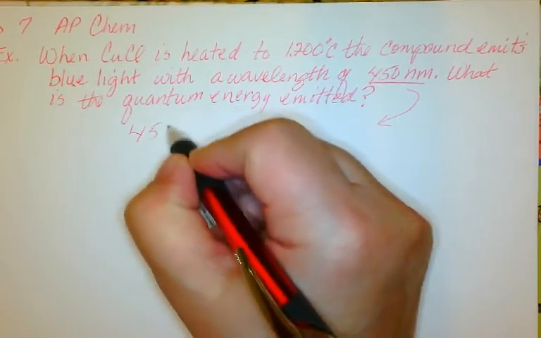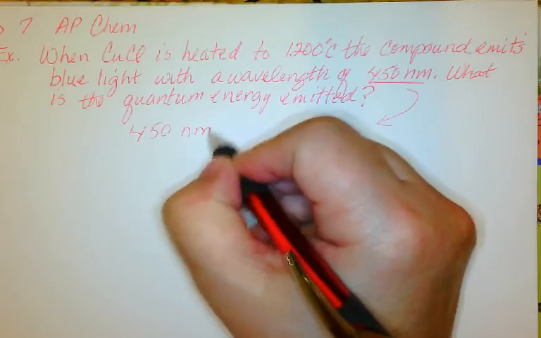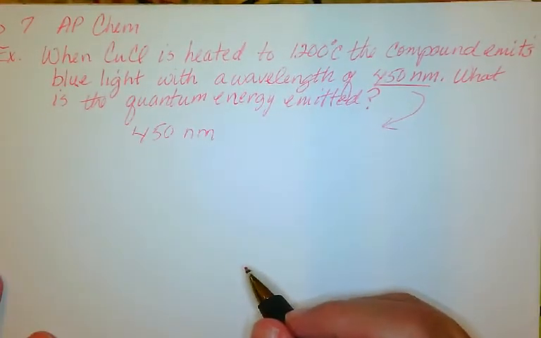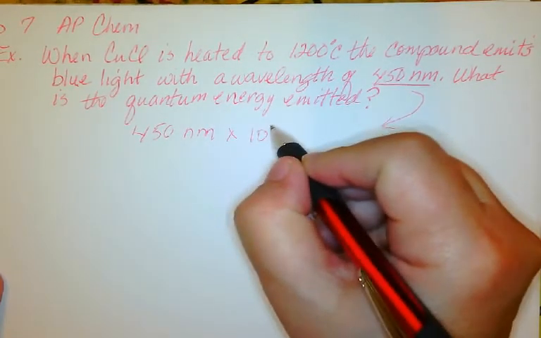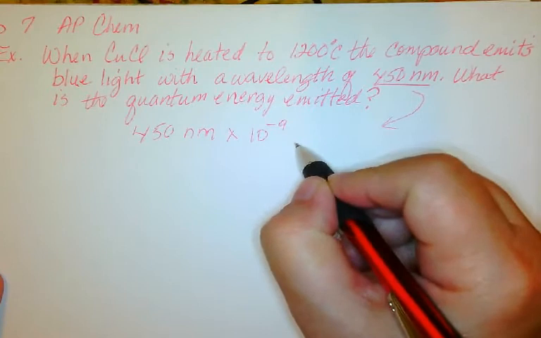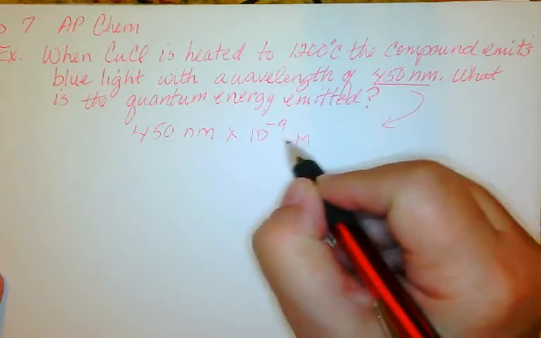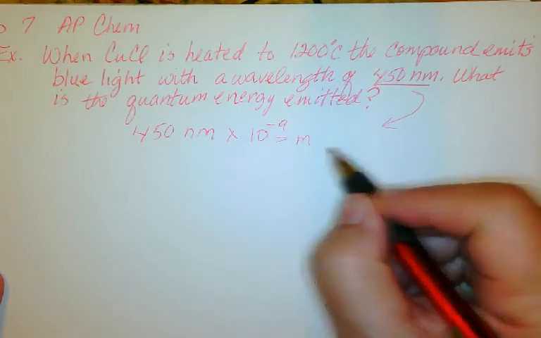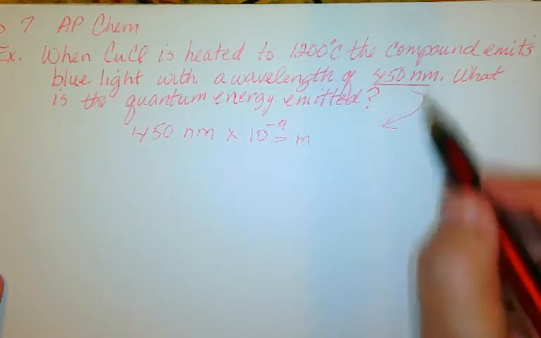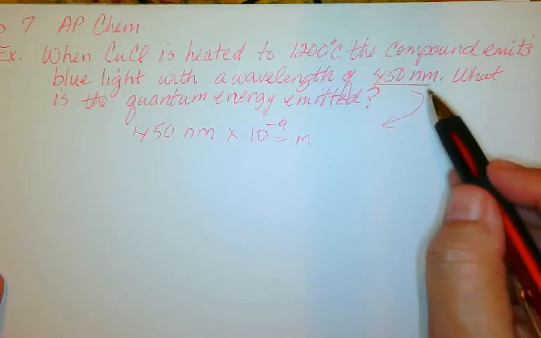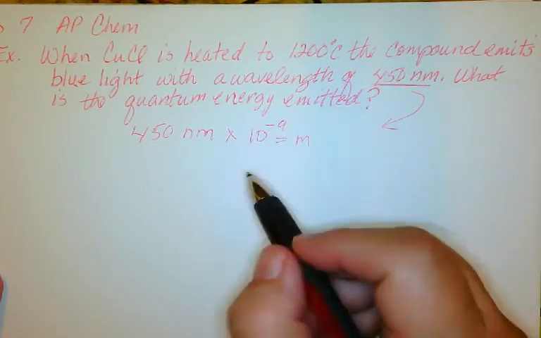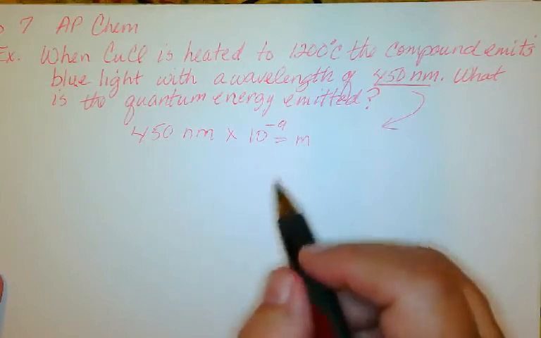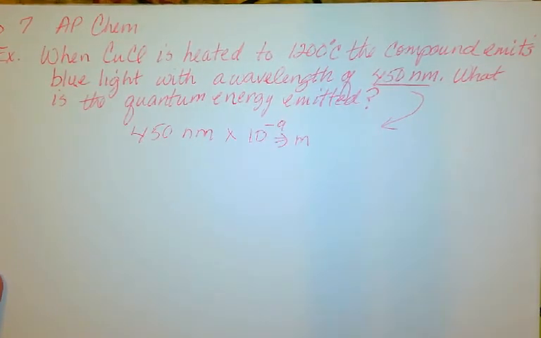So 450 nanometers times 10 to the negative 9th is going to put that in meters, because to go from nanometers to meters, 1 meter equals 1 times 10 to the 9th nanometers. So in this case, we're going straight over. That's going to give us an answer in meters.